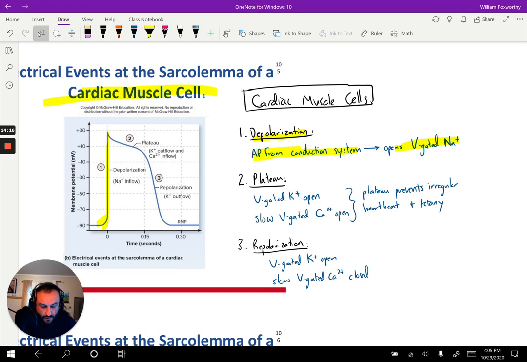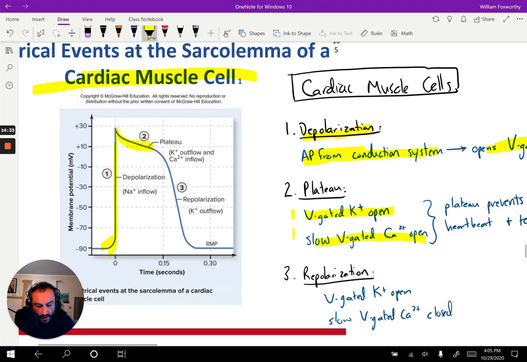It also triggers the opening of your other voltage-gated channels, but they are slow. So up here you have this slow voltage-gated calcium channel becoming open, as well as this voltage-gated potassium channel becoming open. And so what's happening in this phase called the plateau is that simultaneously you have potassium leaving your cell, which would make it more negative, and calcium entering your cell, which would make it more positive.